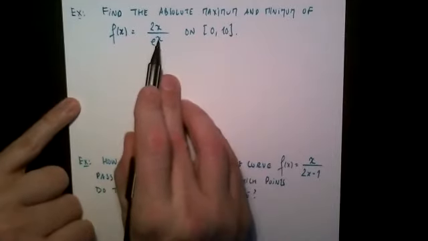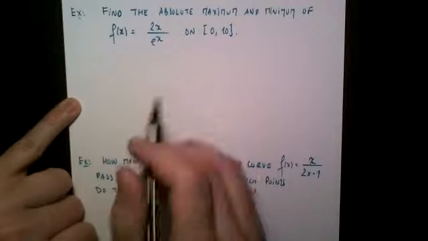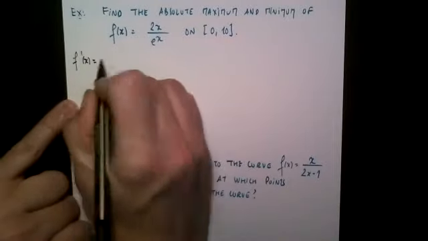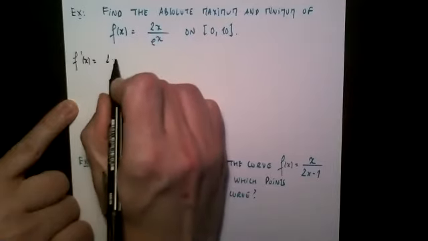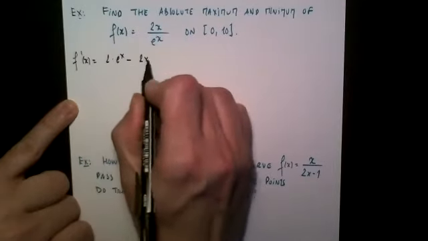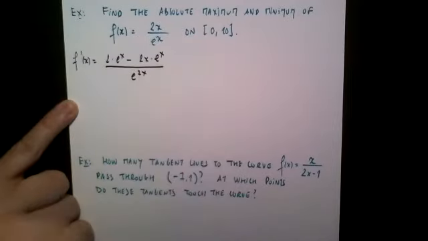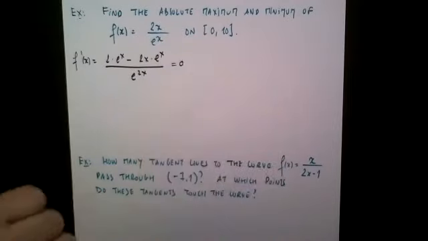So as usual, we do the derivative and find the critical numbers. F prime of x: derivative of top times bottom minus top times derivative of bottom over bottom squared. And this has to be 0.